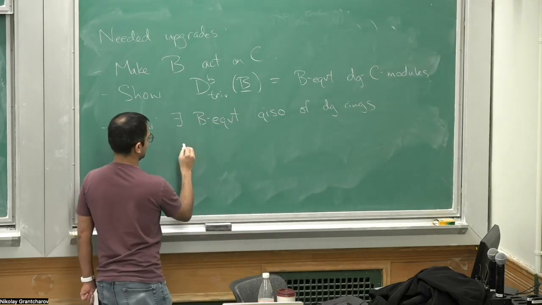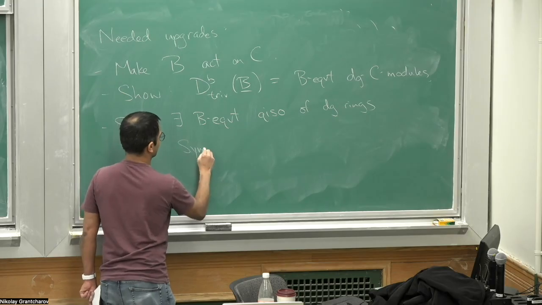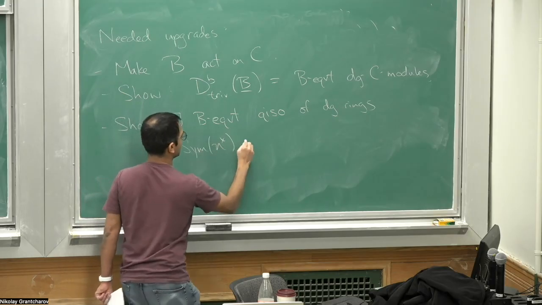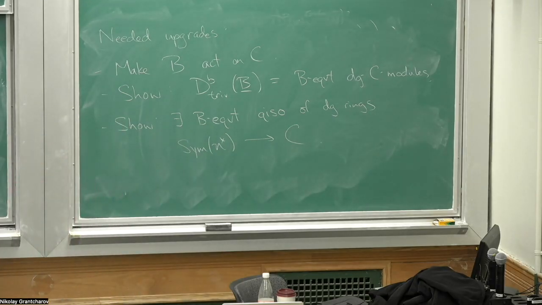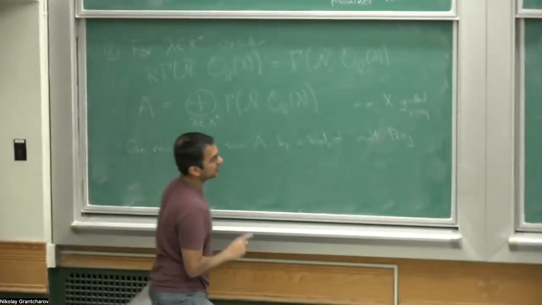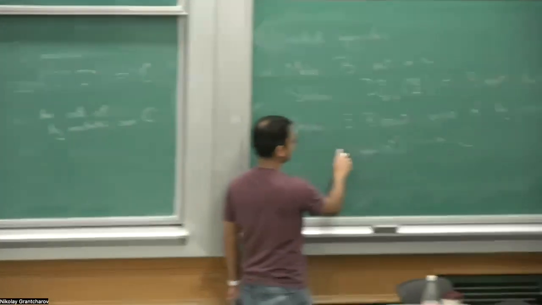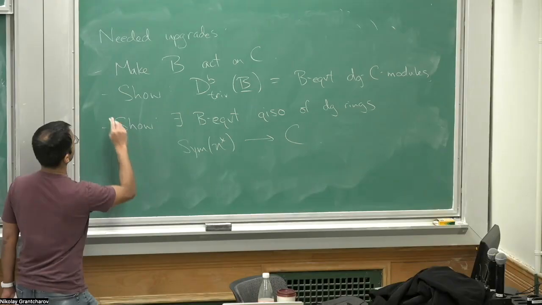from the symmetric algebra on N star to C. And once you do that, if there's such a quasi-isomorphism, the other category there, DG co N tilde, is literally defined in terms of these things.